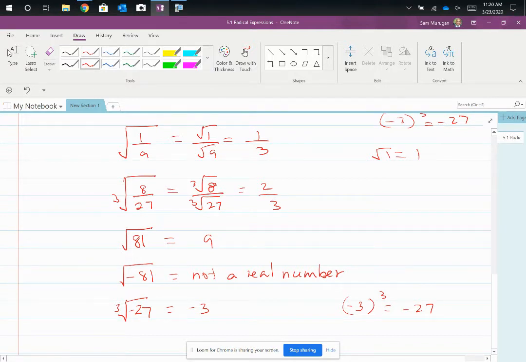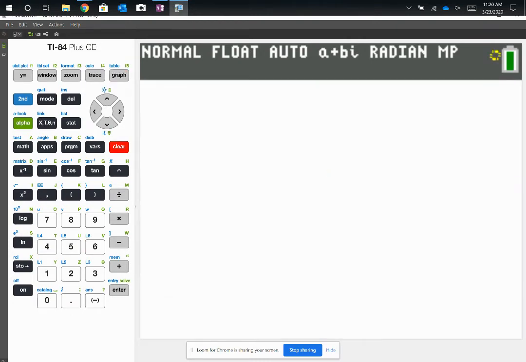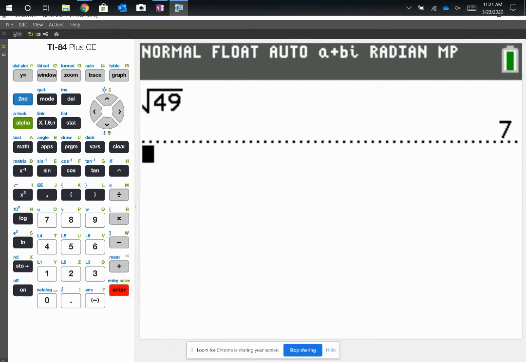FYI, a lot of these could be simply checked with the calculator so long as it's a perfect square. For example, I could find the square root of, say, 49 is equal to 7.